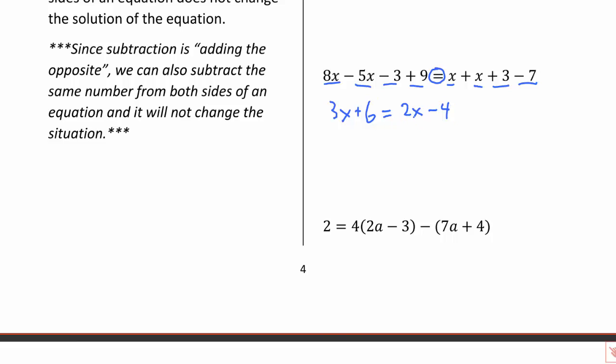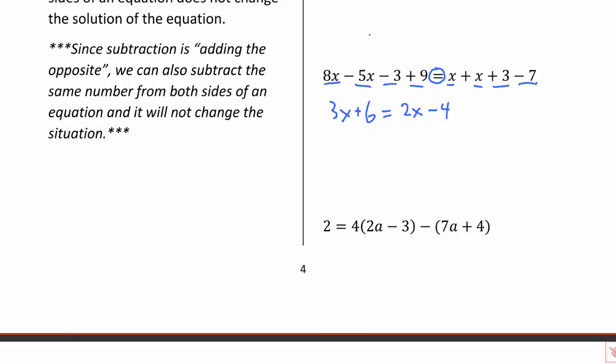The problem here is that I've got an x here and an x here. We need just a single x in this problem. That means that anything that's over here needs to be brought over here to the other side, and vice versa. Anything that doesn't have an x needs to go to the right-hand side. So all x's to one side, everything else to the other.